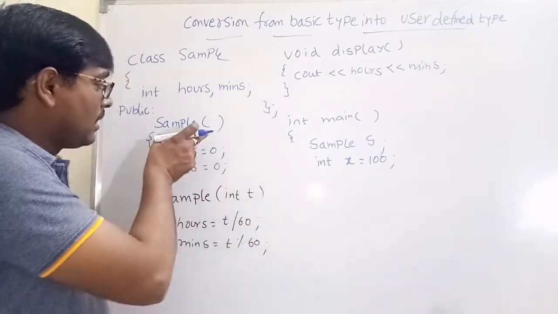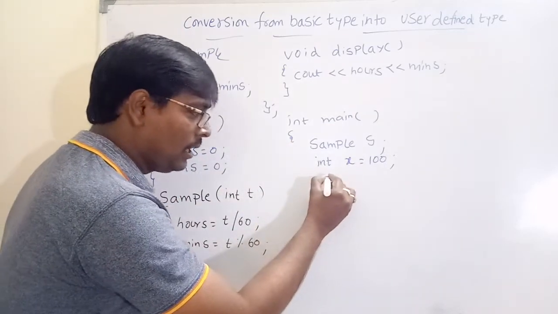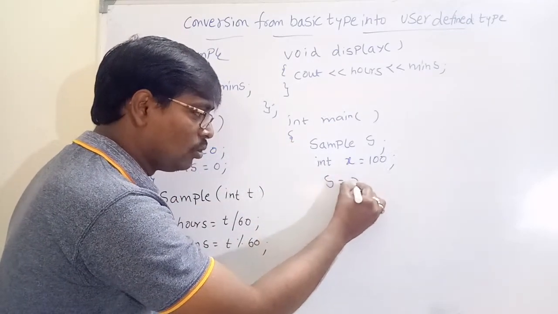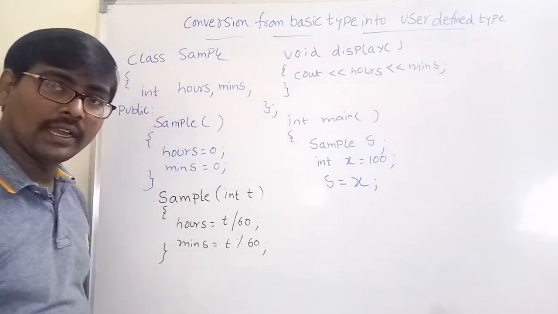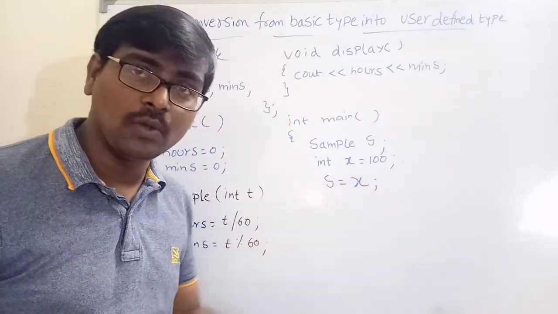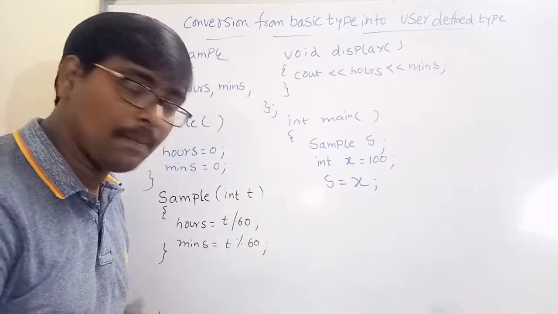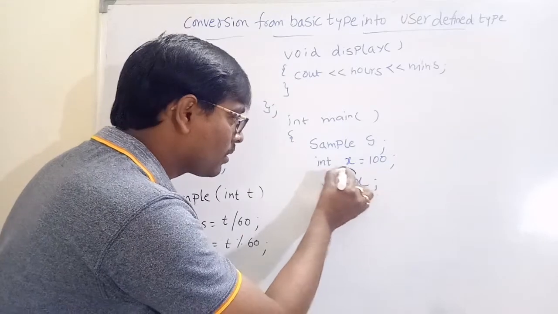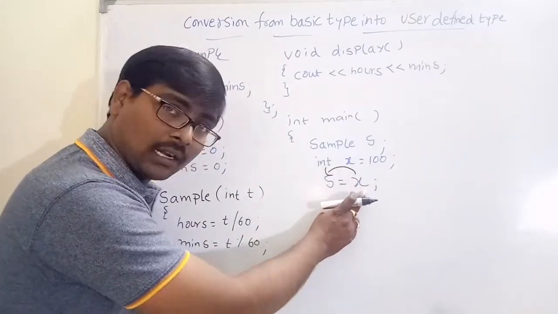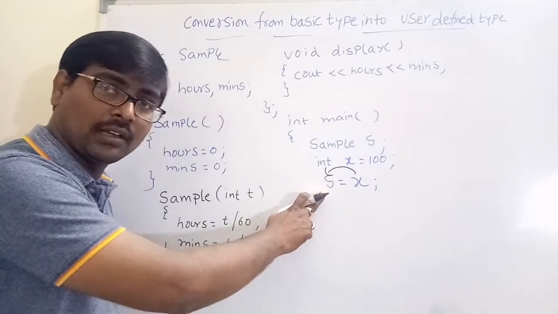Now this constructor is called automatically when s is equal to x. If you write the statement s is equal to x, that means x is a basic data type. The basic data type is converted into a user defined data type.